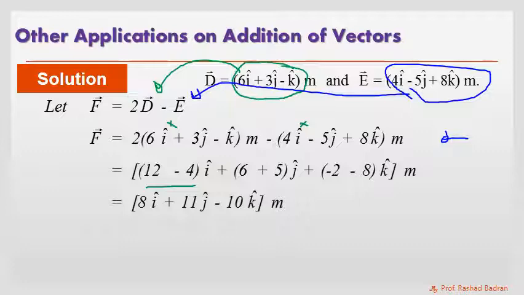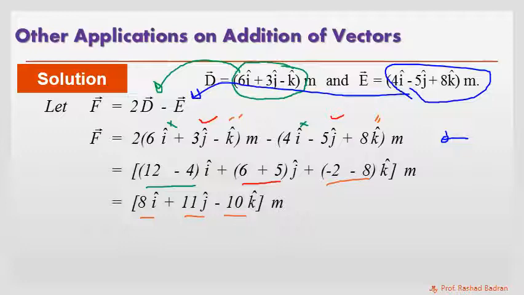For j hat, we add 6 plus 5. So we get 6 plus 5 in here. And finally, for k hat, we have minus 2 minus 8 for k hat. Then what we have, 8 i hat plus 11 j hat minus 10 k hat.